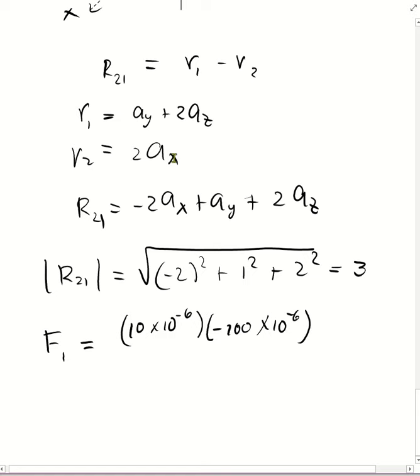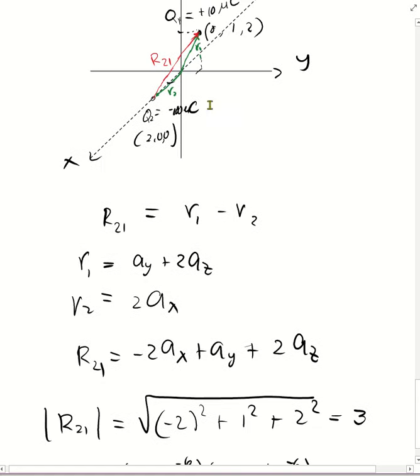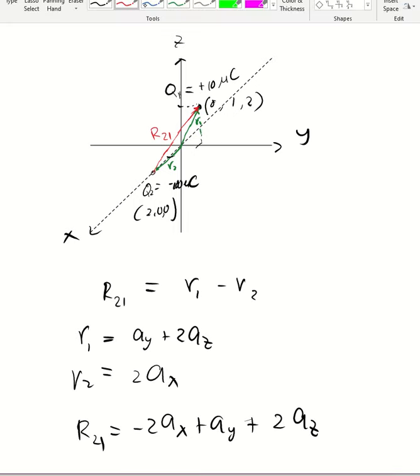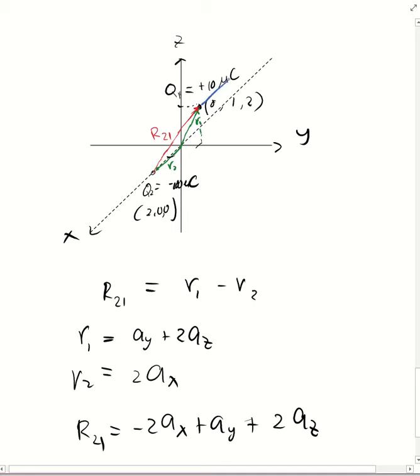Now here, I included the negative because I assumed that I don't know the direction. I did not apply the first law, R21. I just used arbitrarily R21, so this vector from 2 to 1. But if you know the first law, you know that the direction of the force should be in that direction because they attract each other, because they are unlike charges.